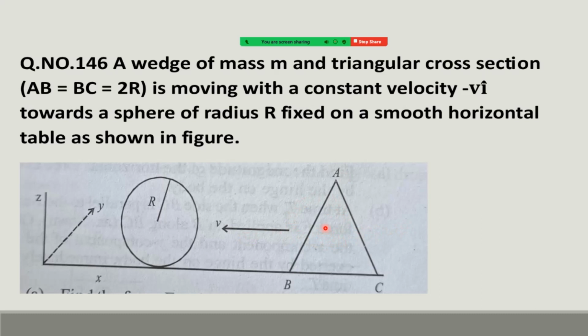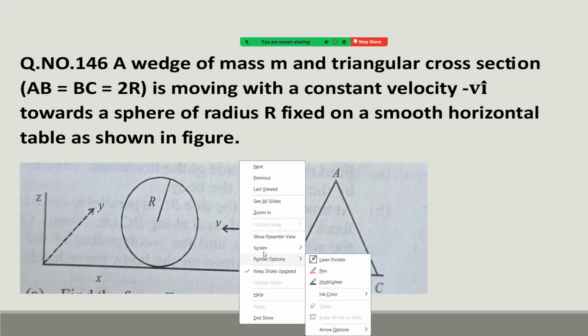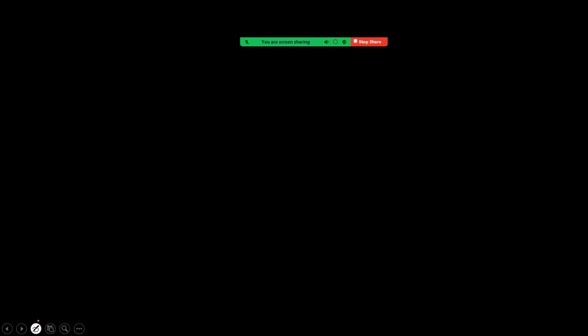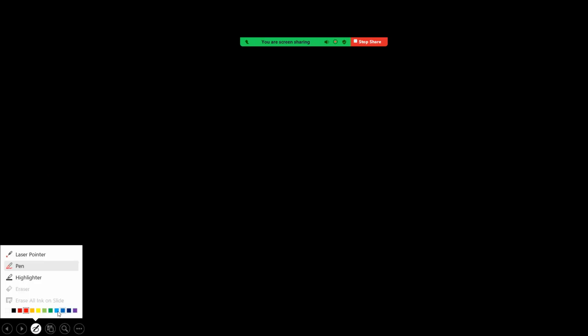Let us see how to start the problem. First of all, we have to calculate the force F acting, and also the normal force by the table on the wedge. First of all, make a diagram, that given diagram.